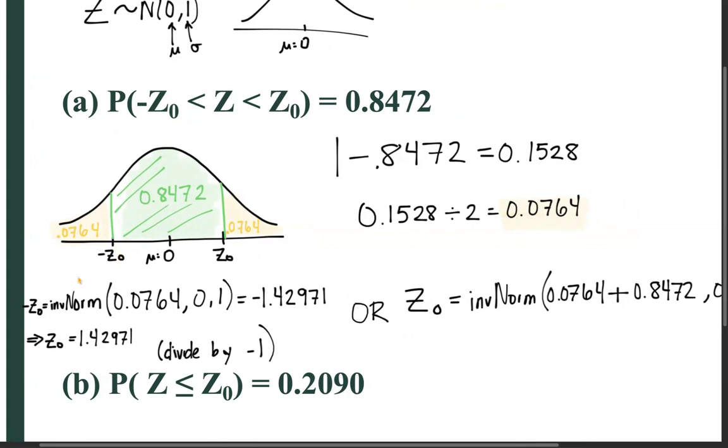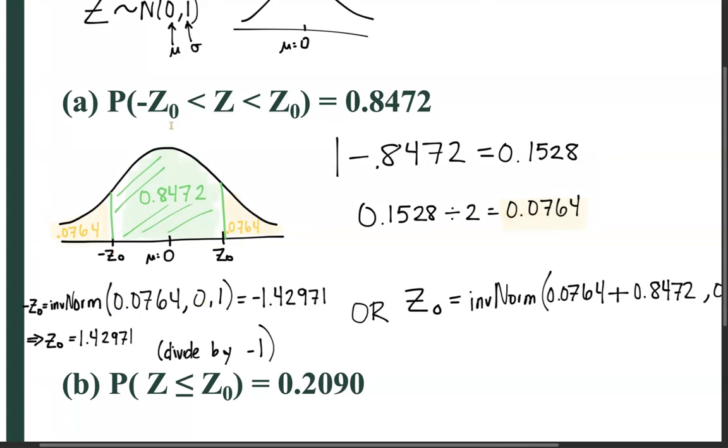And so negative z0 equals the inverse norm of the area under the curve going from the left to the right. So that would be starting all the way out here to negative z0. So that's 0.0764. So that's that area under the curve.